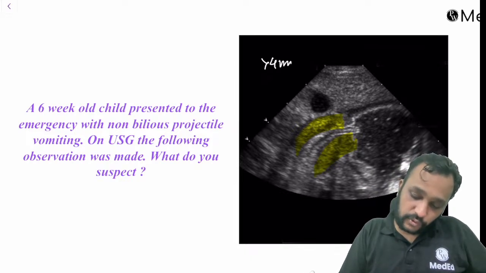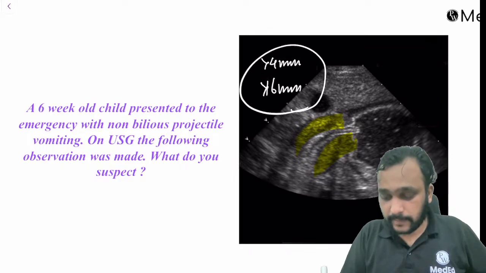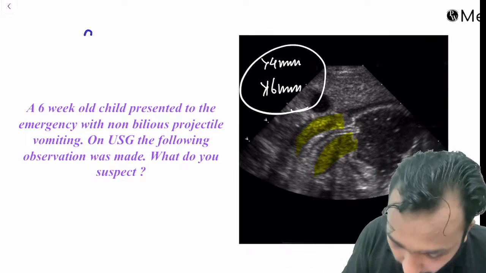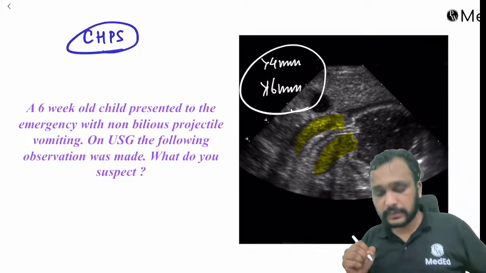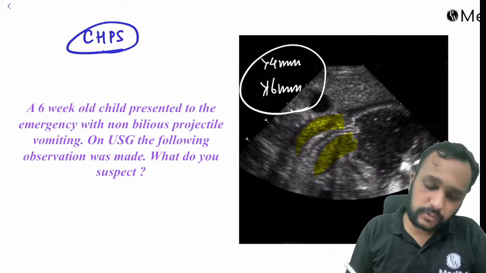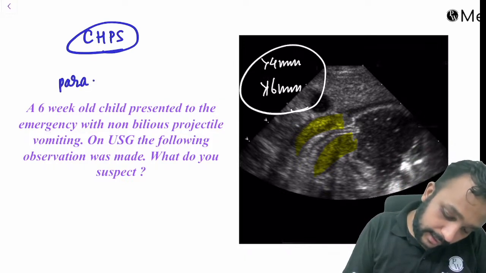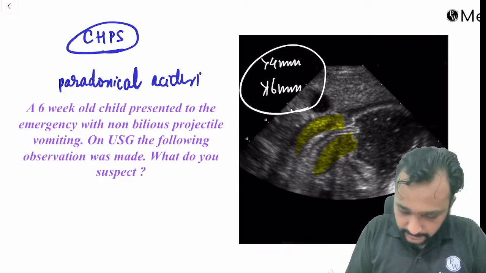It is more than 4 mm in thickness, and it is extending for a length of 16 mm. These are important features of congenital hypertrophic pyloric stenosis. Also, these patients can have paradoxical aciduria.